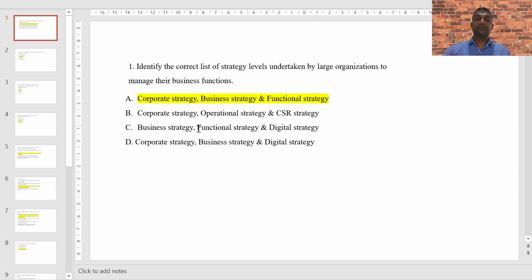As an example, in the corporate strategy, sometimes certain aspects are taken into consideration that have something to do with digital strategy. But these are the three strategy levels.